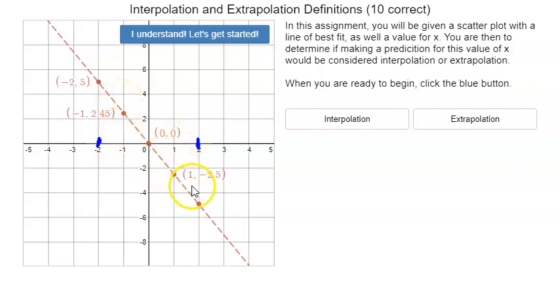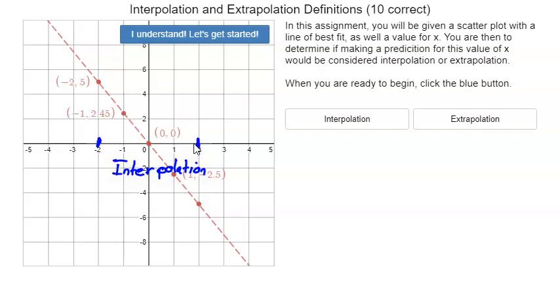So I have data about the points inside that area. If I make a prediction about an x value that is inside that data, we call that interpolation.